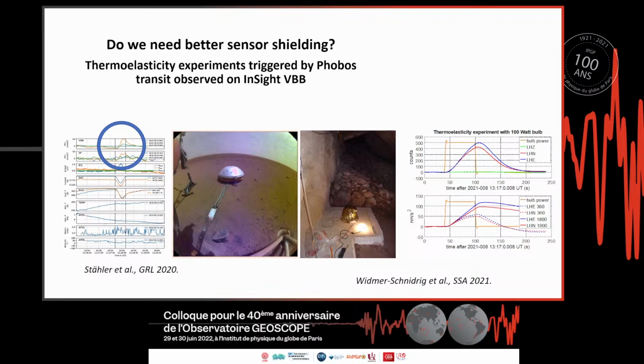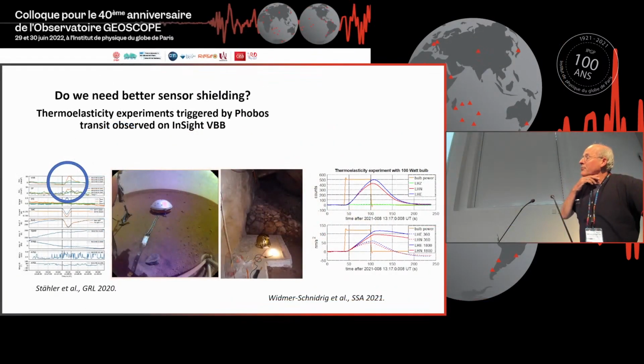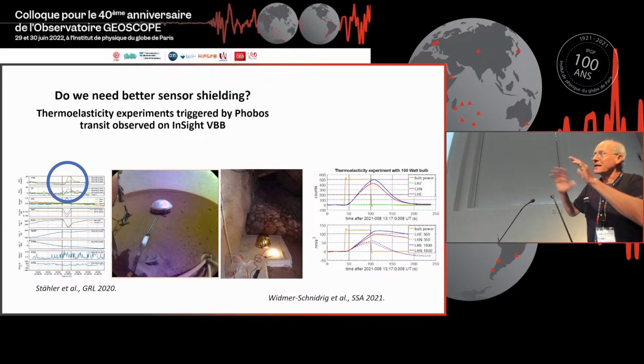What I learned from this is that it's maybe worthwhile to think one more time about shielding, not only of seismometers, where thermal shielding is certainly important, but also shielding of the pillar on which these instruments are installed, because of this thermoelastic effect.